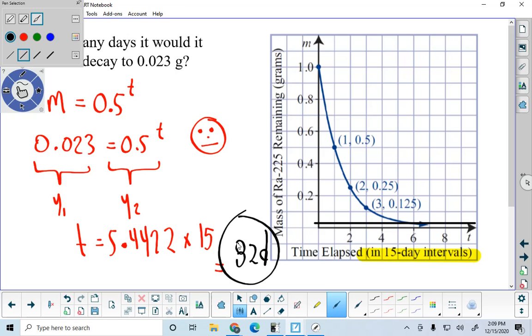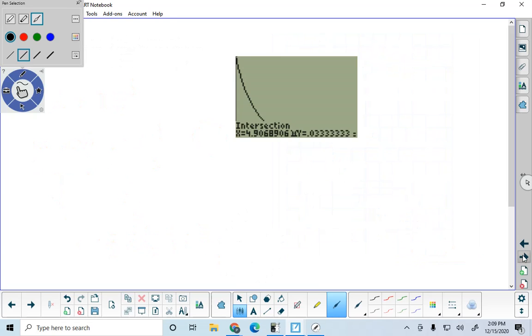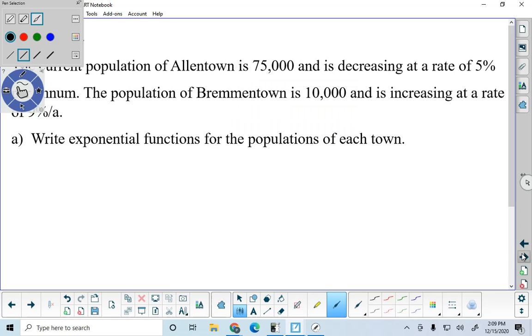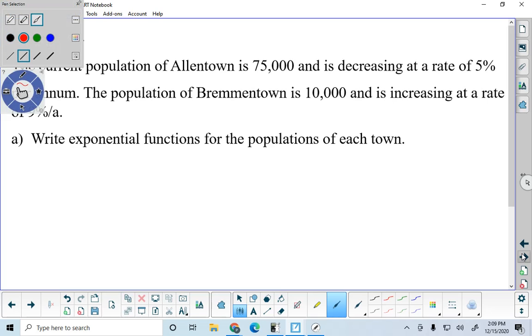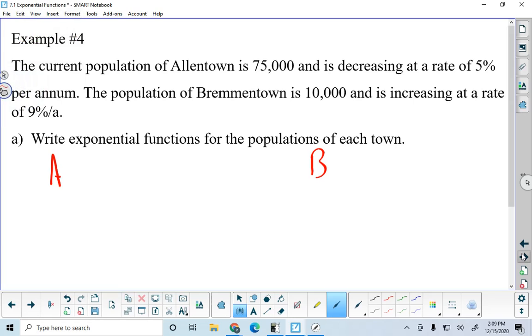All right, we have one more example, and I think we can do this in about 5 minutes. We have two towns, Allentown and Brementown. I hope it's not lost on you that I'm using A and B to describe the two towns. The population of Allentown is currently 75,000, and it's decreasing at 5% per year.